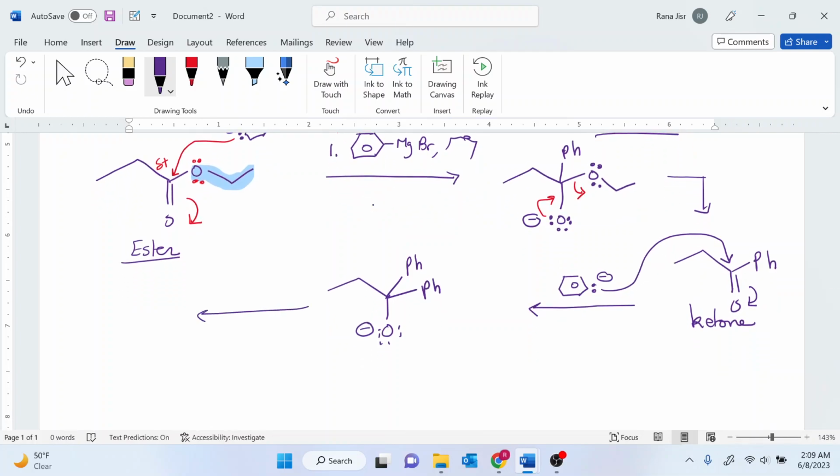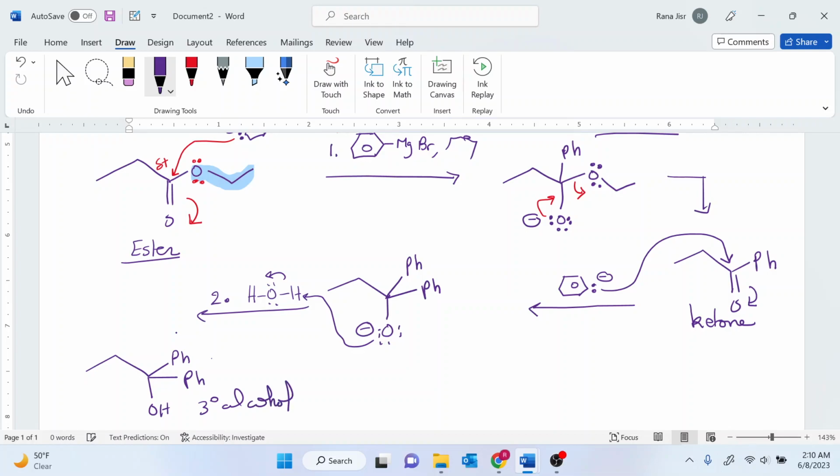So now my second step, I'm done. My second step is going to be the protonation with water or H3O+. My arrows are in the opposite direction. The base is going to come, take the hydrogen, form the OH, and I'm going to end up getting my product, which is the tertiary alcohol.